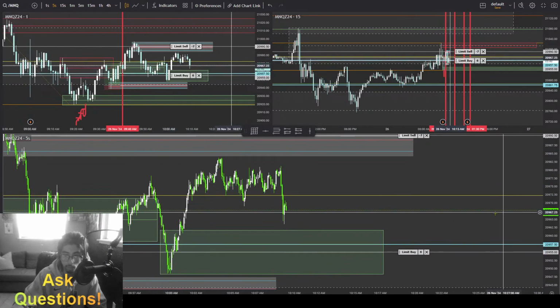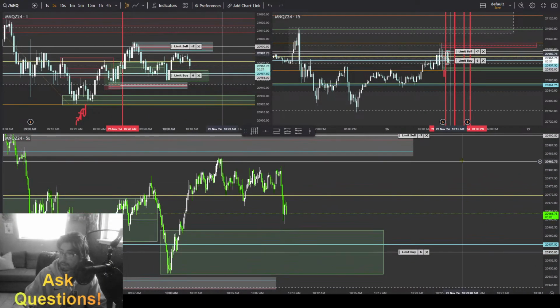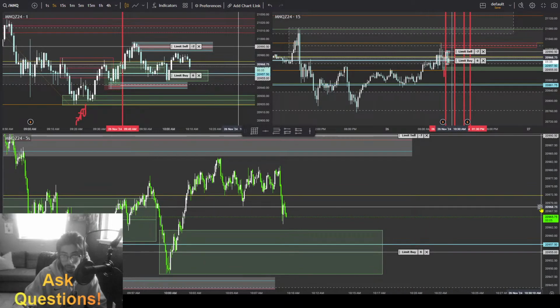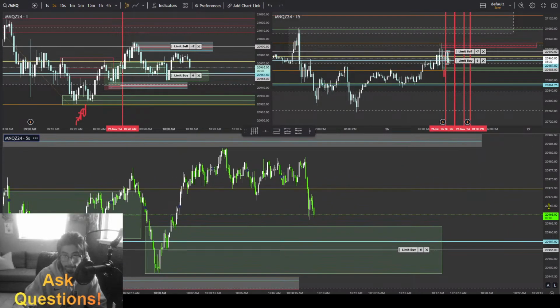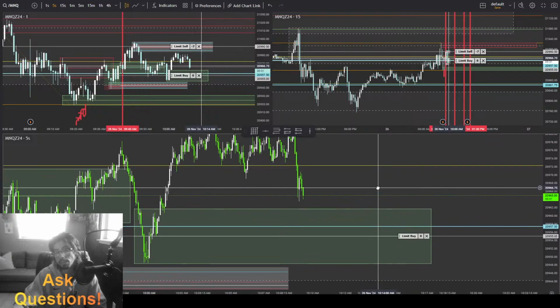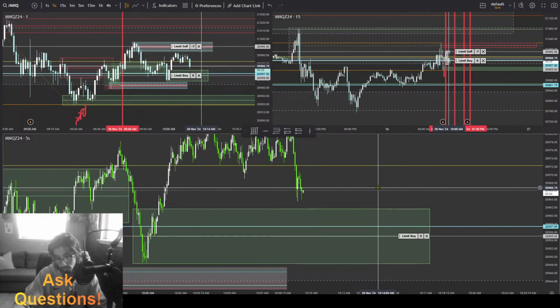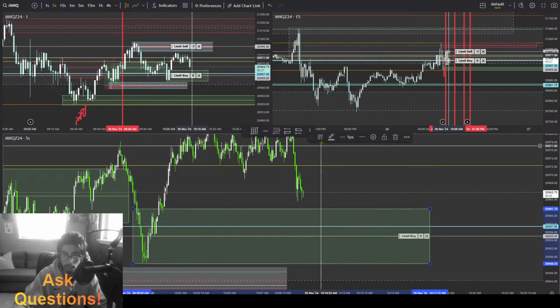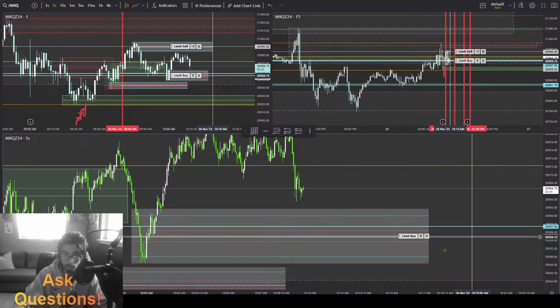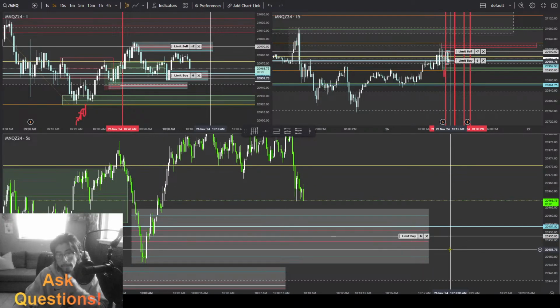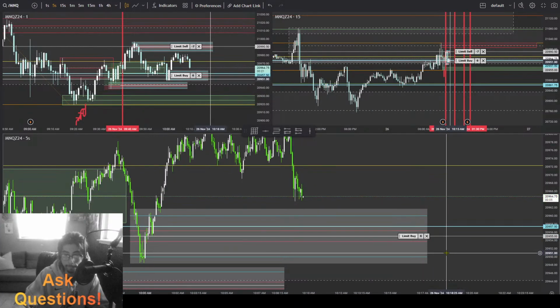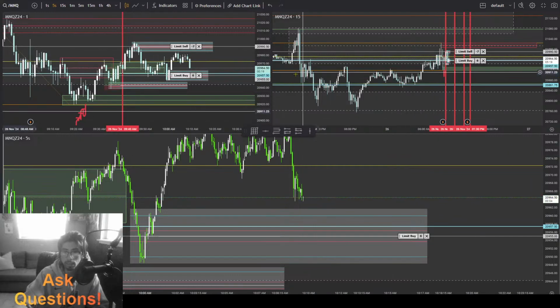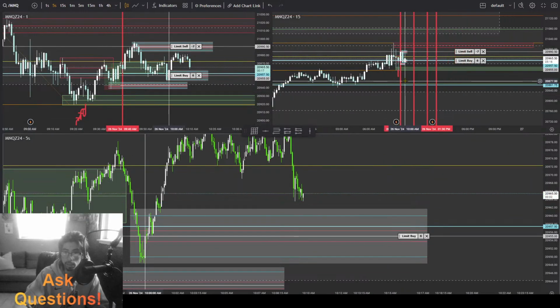Let's see, this blue line is the high and low from London. Come on, buddy. Give me something. Let me make this my main. There we go. Okay, what am I seeing here?